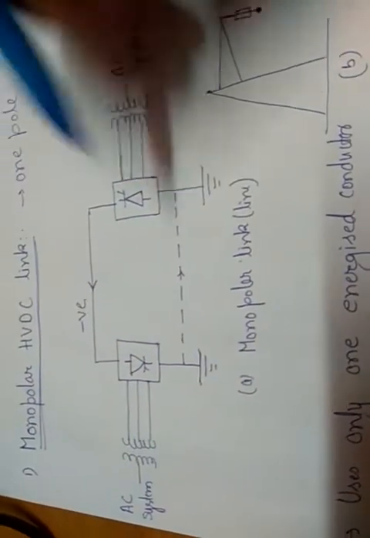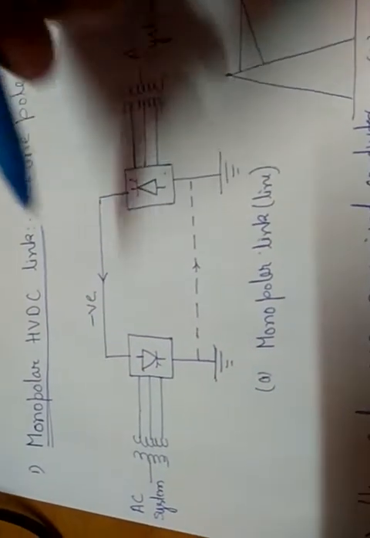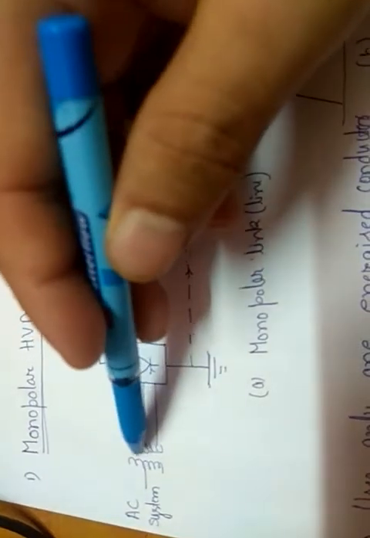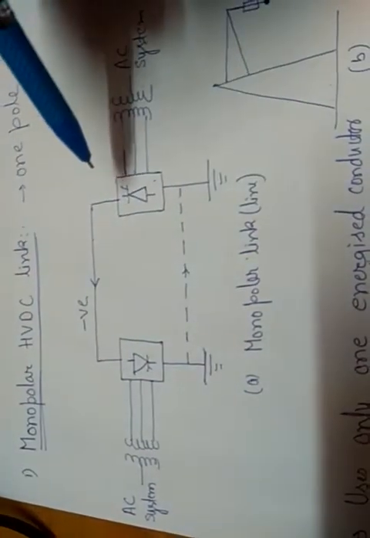As you can see, there is only one path, and ground is used as the return conductor. So in case of any problem at the converter station or in the line, the power supply will be interrupted. Suppose there is a fault at this converter station. We have to take out this line, and in that case the power flow will be interrupted.